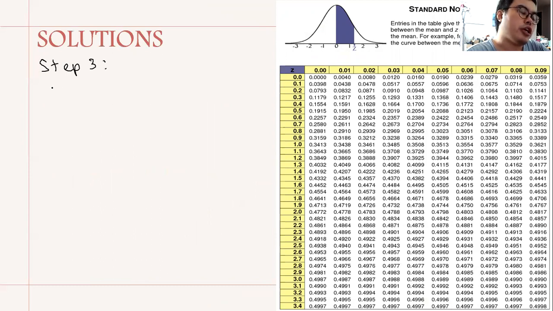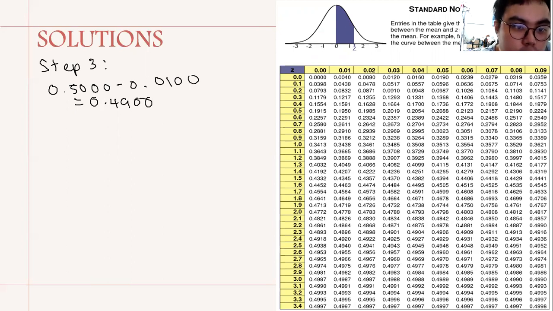What we are going to do is subtract 0.0100 from 0.5000, the half of the area of the normal curve. So it will become 0.4900. So the 0.4900 will be here.